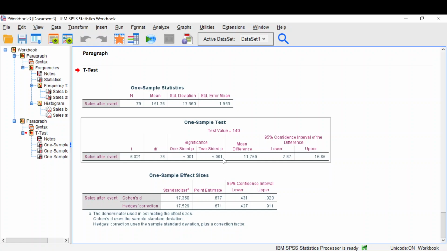It is a very significant result. So you combine that with your t-statistic to conclude that you will reject the null hypothesis. In other words, there is a significant difference between our after event sales and our selected average sales in a typical day. So this will be typed up and then reported accordingly.